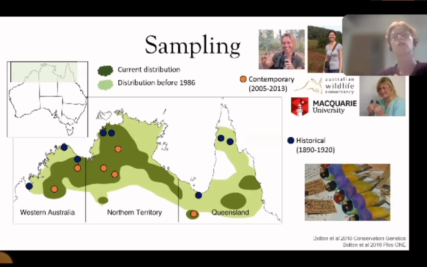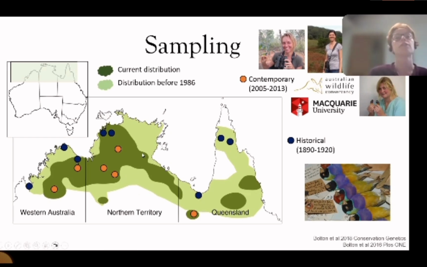In order to look at the Gouldian finch in the wild, we did some sampling in the wild. And when I say we, it was my collaborators. This was the work of collaborators at the Australian Wildlife Conservancy, previous PhD students at Macquarie, as well as South African native Sarah Pryke.